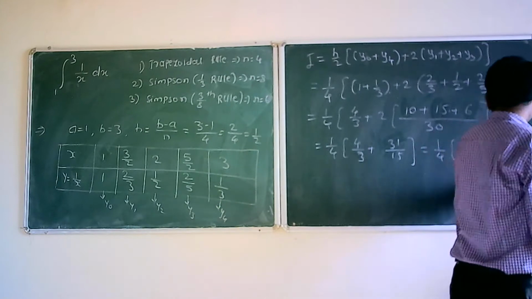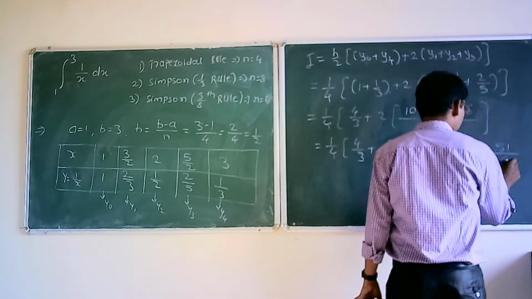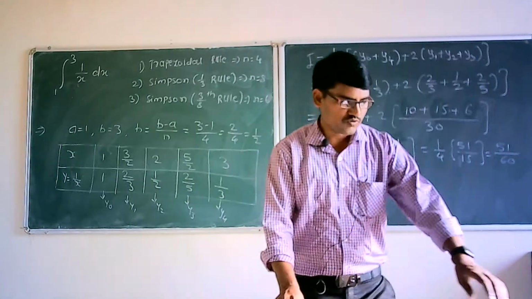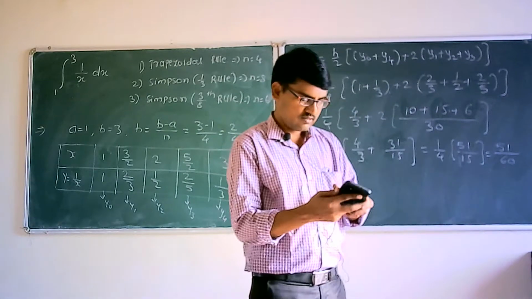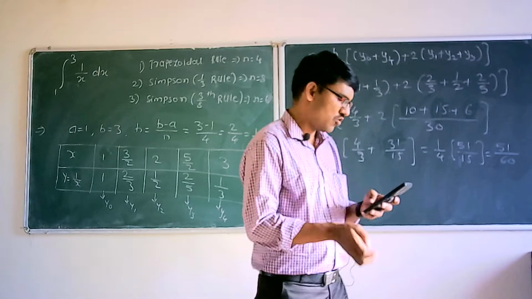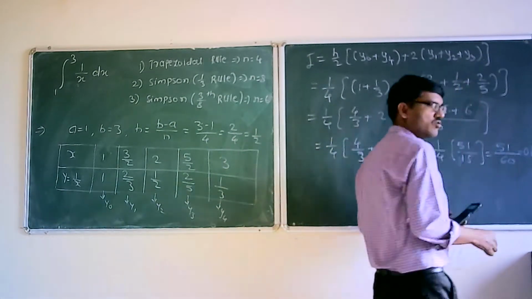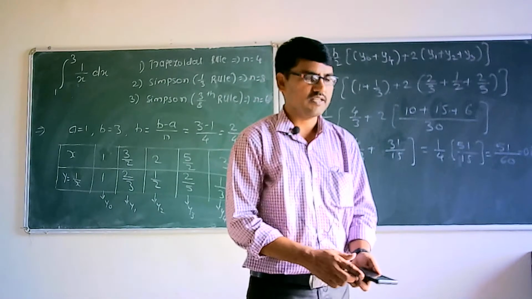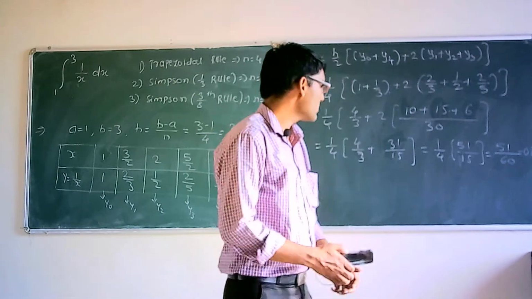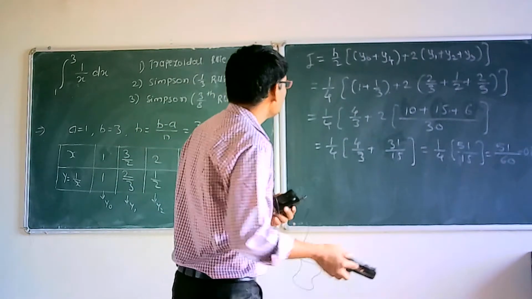If you simplify this, you will get 51 divided by 60, and if you use your calculator, you will get 51 divided by 60 is 0.85. So what is the value of this integration by using the trapezoidal rule? It is 0.85. That's the trapezoidal rule.